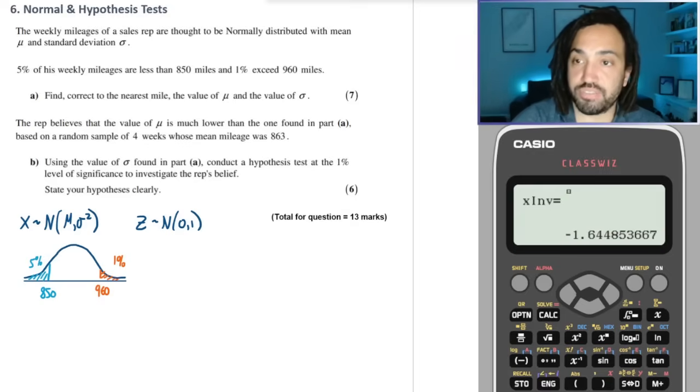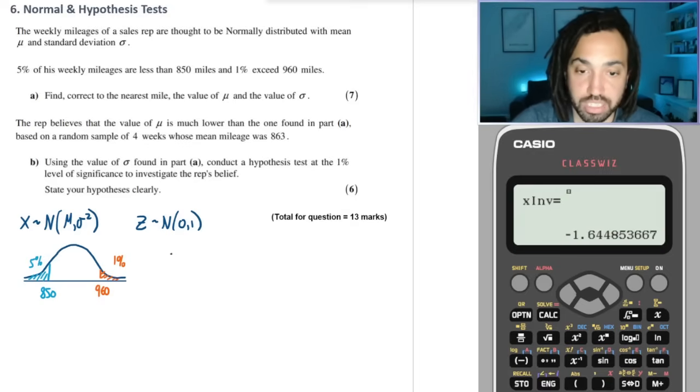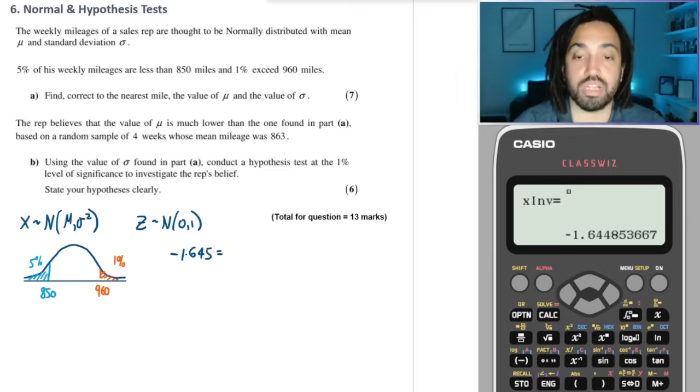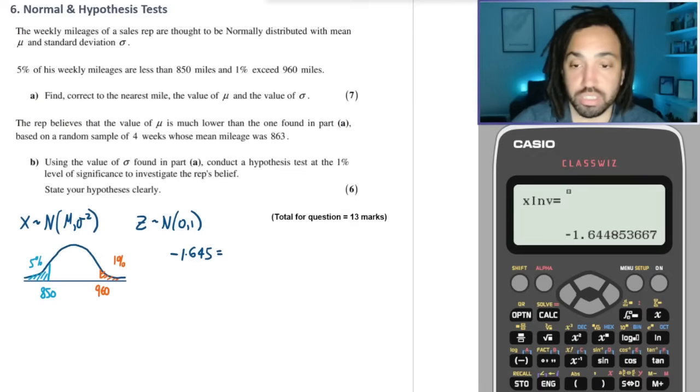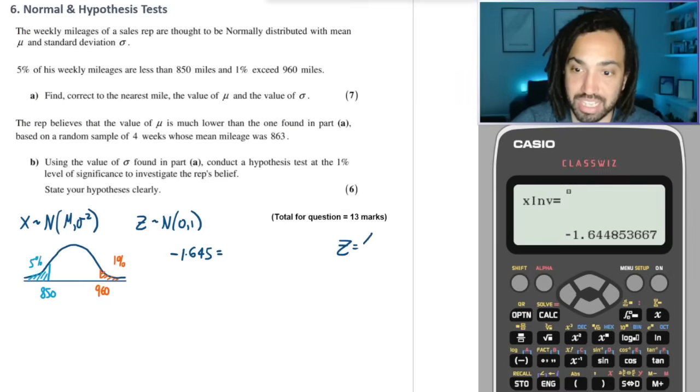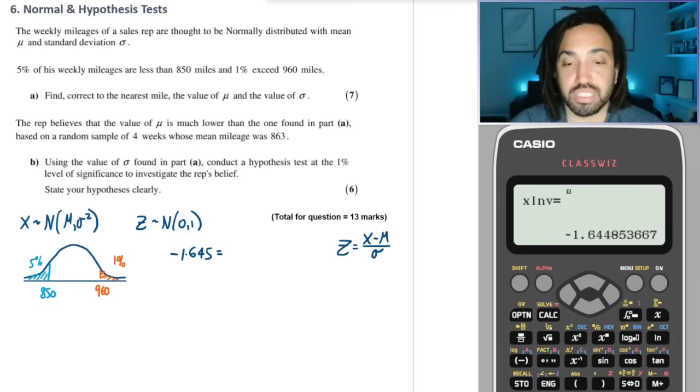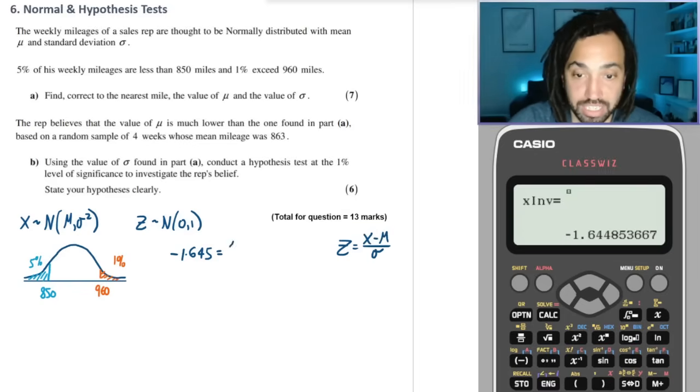So I get this first z value is minus 1.645, and the formula for the z distribution is x minus mu over sigma. So the x value is 850, minus mu, over sigma, like that.